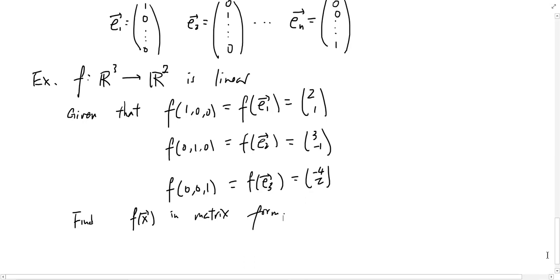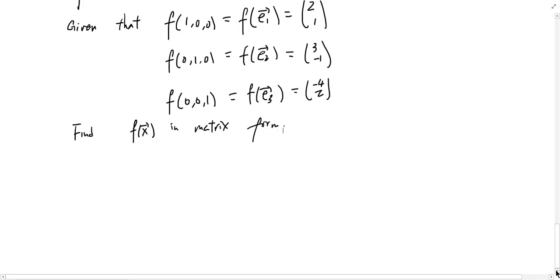So how do we go about doing that? Well, it's simple. The way to do that is to use theorem 3.1.3, and simply use the information given to form the matrix.